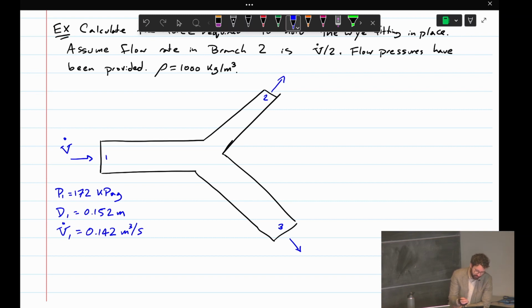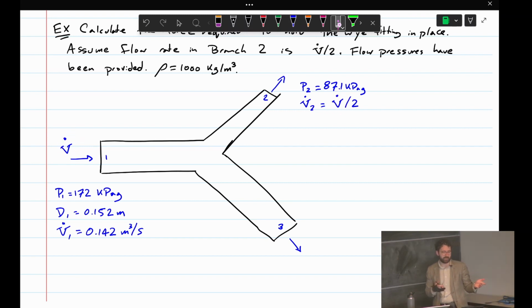At the flow in branch 2, we're given also the pressure. Remember in that problem statement, it said V dot 2 is V dot over 2. So that V dot is this flow rate.